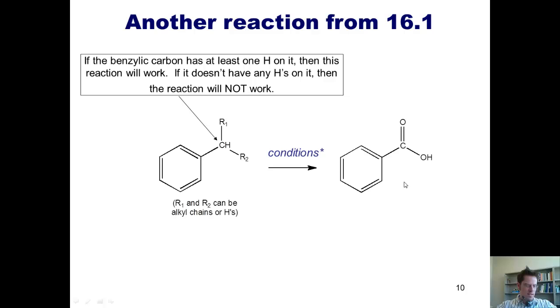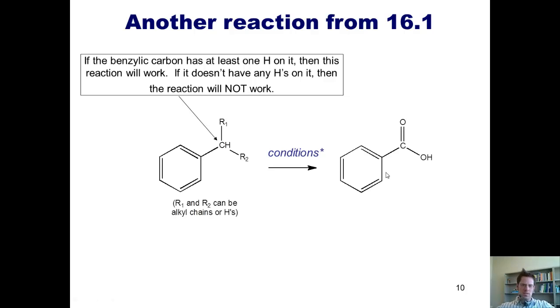Interestingly enough, it doesn't matter whether these R groups in the starting material are alkyl chains of any length or branching pattern, or just hydrogen atoms as well. These conditions will convert any starting material of this type to the same product, benzoic acid.